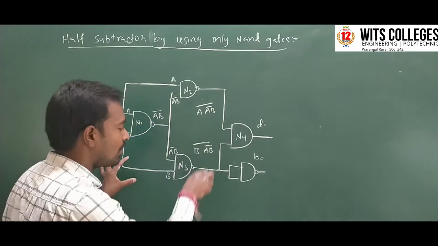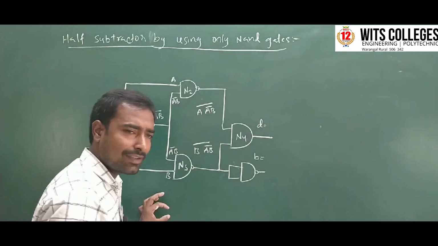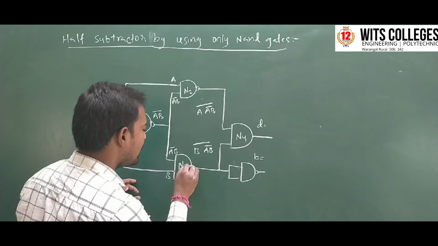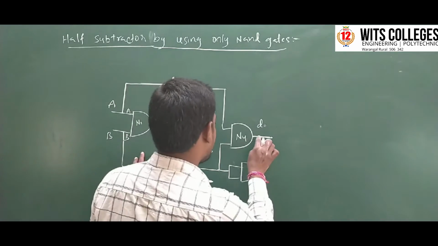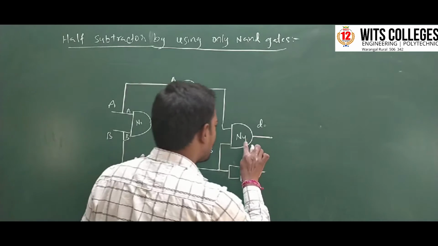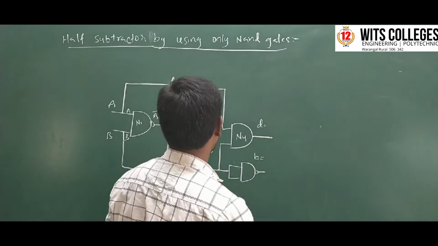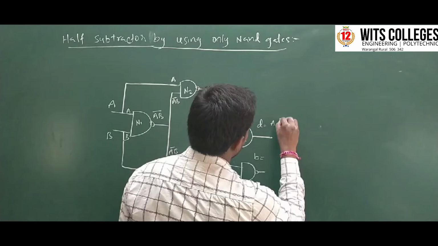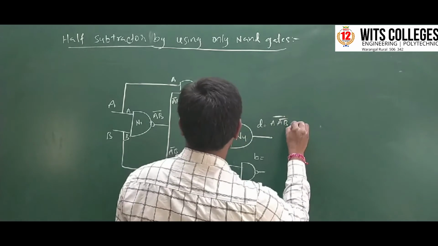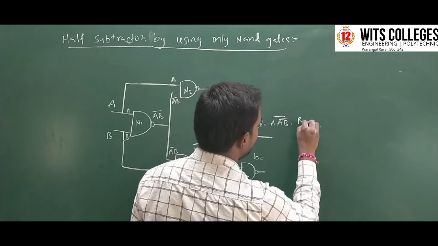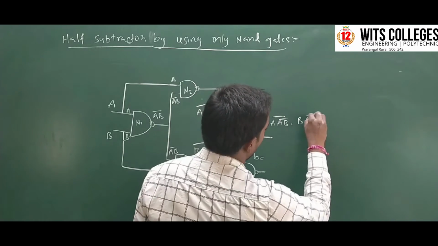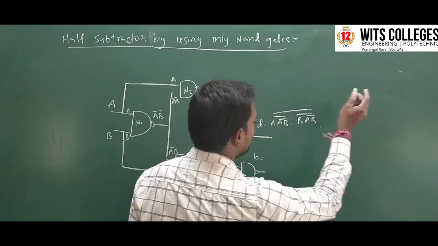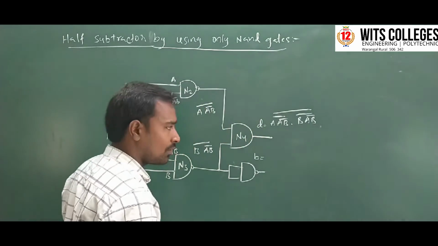So these two are the outputs from NAND gates 2 and 3, and the actual output from the fourth NAND gate is equal to A into AB whole bar into B into AB whole bar, and whole complement here.